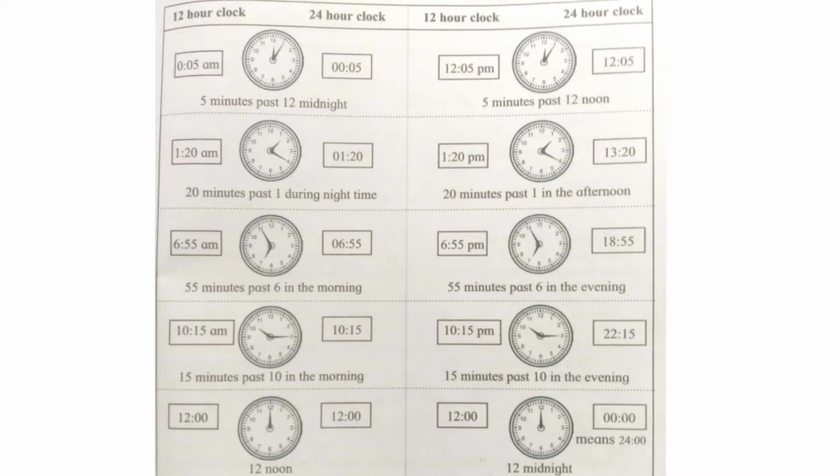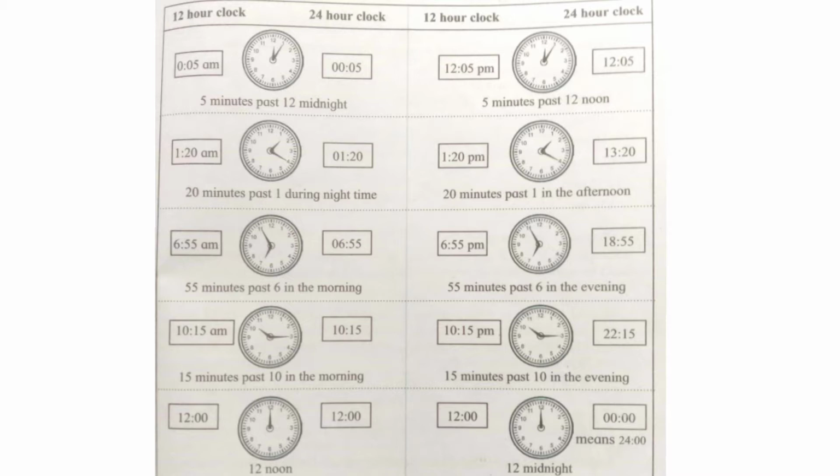It will remain the same for the 24-hour clock, that is 0:05. Means 5 minutes past 12 midnight. Okay, now let us see the second clock. In this, the small hand, which is the hour hand, is on 1 and the minute hand is on 4.